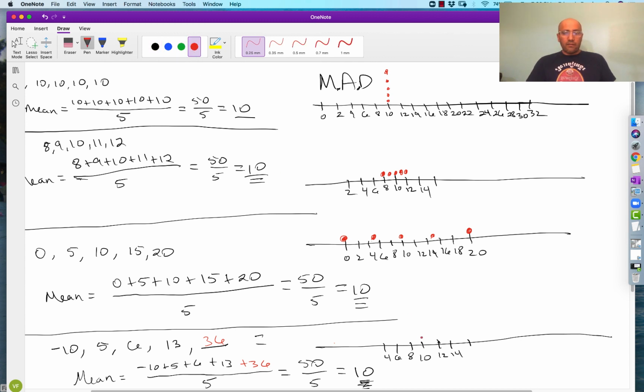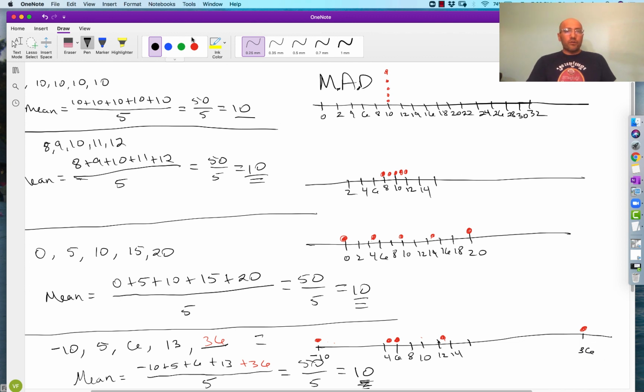I'm just pointing out that if we put it on a number line, it roughly looks like this. So we have a 6, a 5, a 13, and then a couple of really large numbers. Way over here would be the 36, and way over here, below the 0, would be the negative 10.